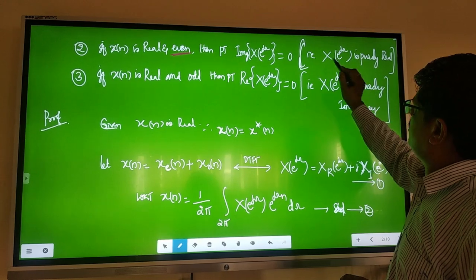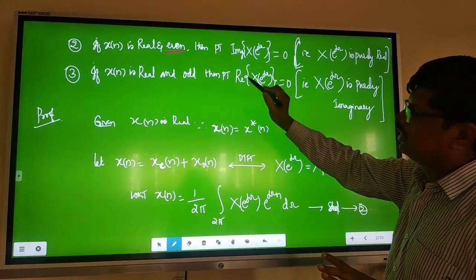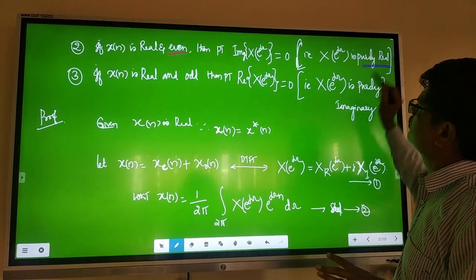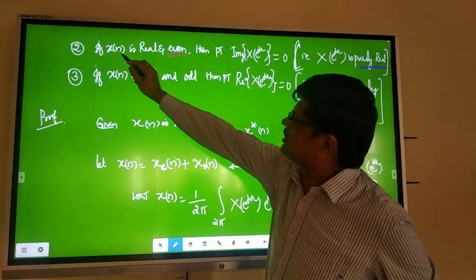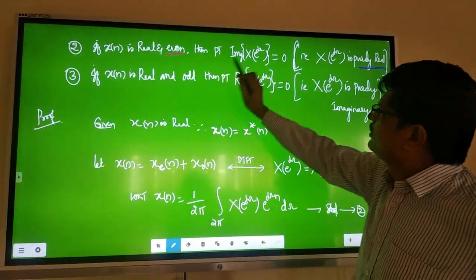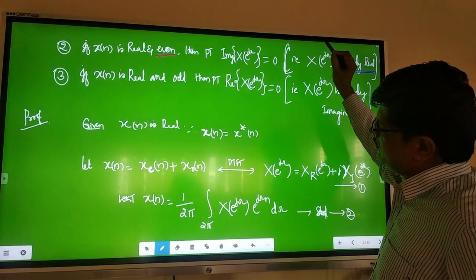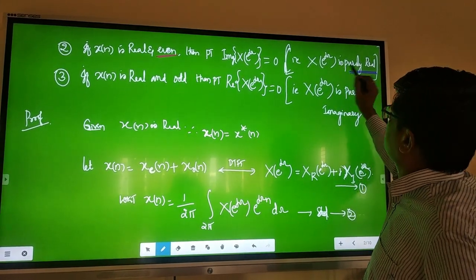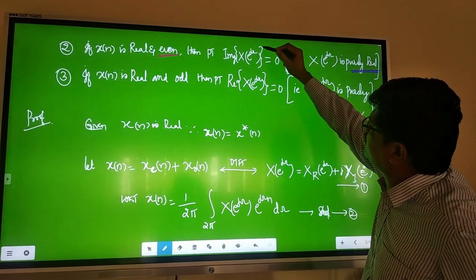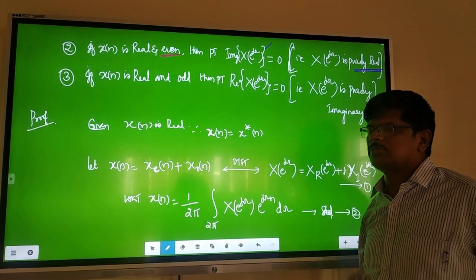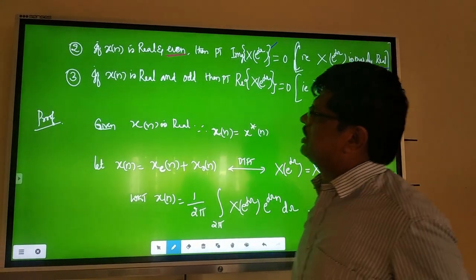That means whatever X of e power j omega you are getting in the end is purely real. If x of n is real and even, you will not get an imaginary term in the frequency domain. That is what you have to prove second.